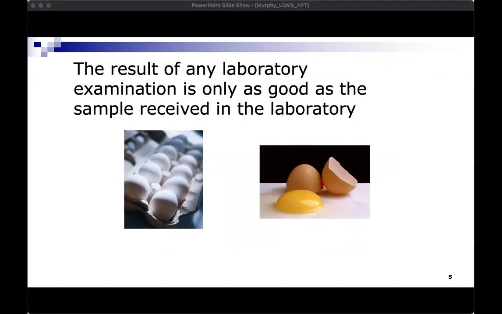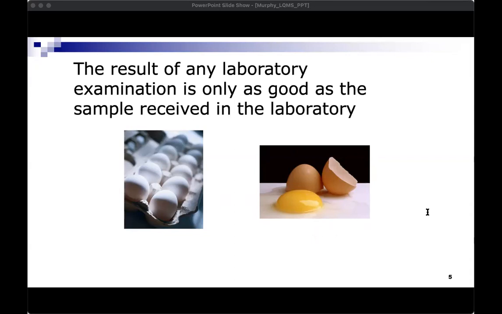So thinking back to Tuesday's presentation, you talked about how the majority of errors actually take place in the pre-analytic stage. So sample collection, sample receipt, and processing is a really crucial part of the pre-analytical phase. And it's really important that a lot of time and effort is put into making sure samples are the best quality before testing begins. Just as a metaphor here, you can see the pictures of the eggs on the screen.